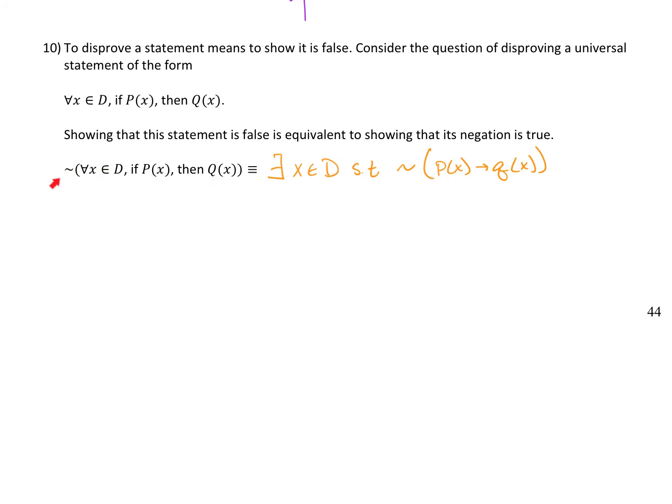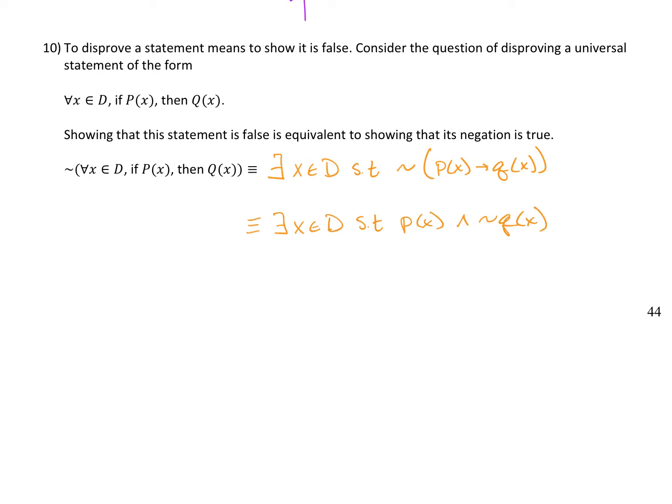And then the negation of a conditional, you'll recall, is that the only way a conditional can be false is if the if part is true and the conclusion is false. The then part is false. So this would say such that P of x and not Q of x.